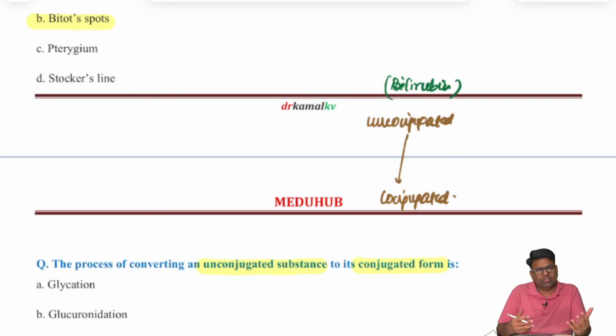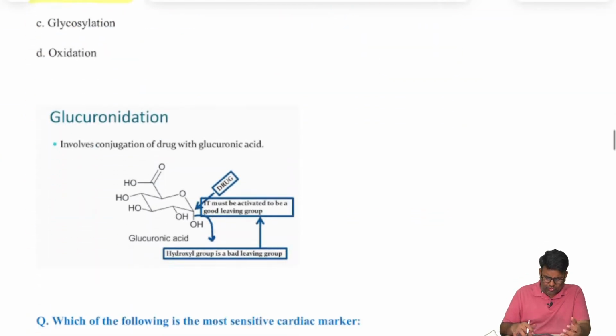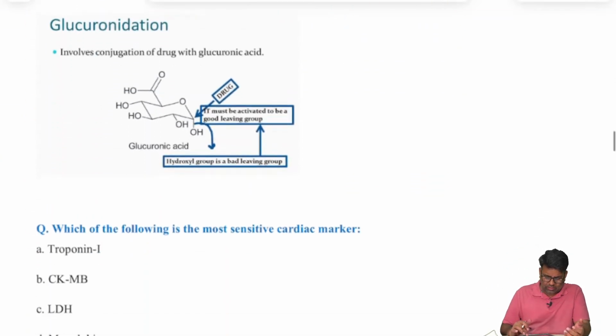Unconjugated bilirubin is very toxic. It has to be conjugated in the liver, and this process is known as glucuronidation. So this process of unconjugation to conjugation is known as glucuronidation. I think nothing more to discuss in this.